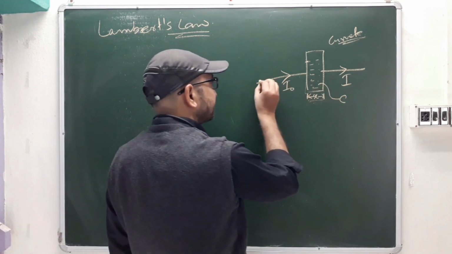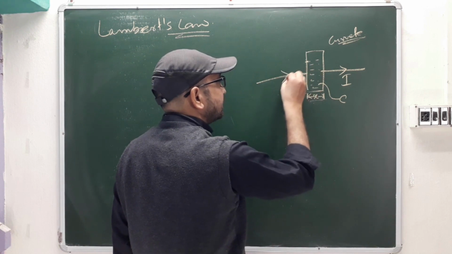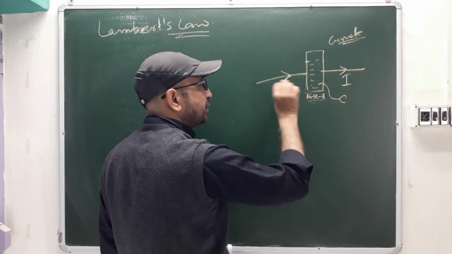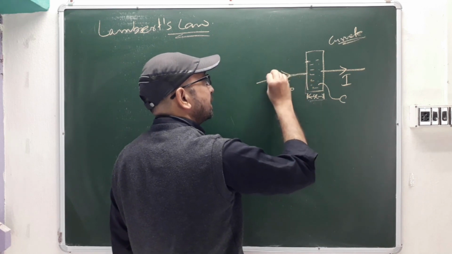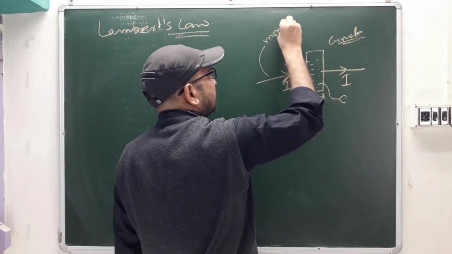Now what happens? This radiation is passing. This is incident radiation. I0 is the incident radiation. This radiation is monochromatic, correct?